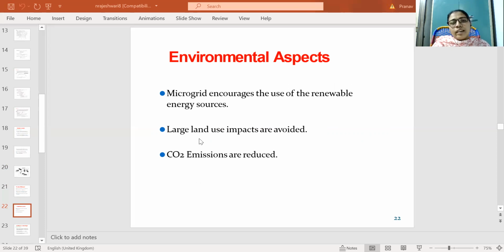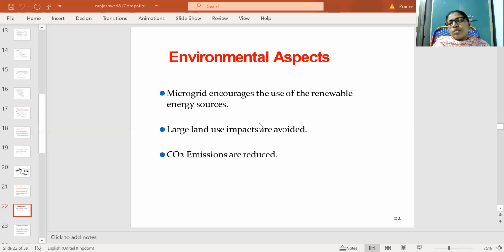So environmental pollution is reduced, and large land use is also avoided because a small grid uses less land to install the equipment.